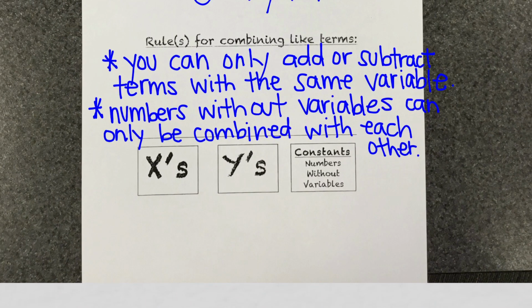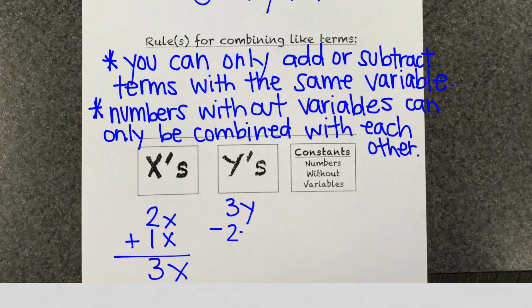Okay, so if I look up at my original equation, how many x's do I have? I have 2x plus what? X. So that gives me, remember I can pretend there's a 1 in front of an x. So that gives me 3x. Okay, what y's do I have? I have a 3y, and what's in front of the 2y? Minus. So that gives me what? 1y or y.